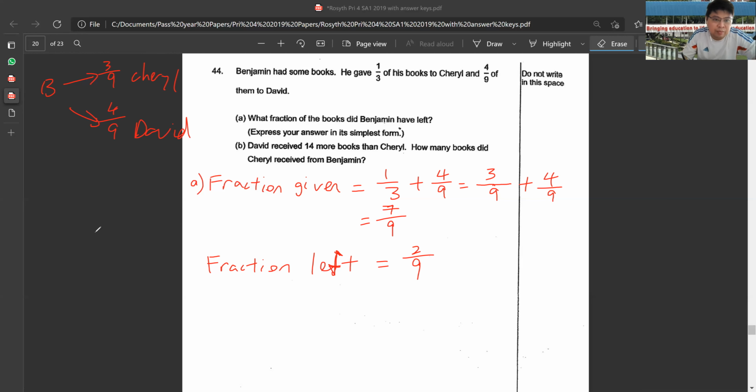What does that mean? That means 1 over 9 of Benjamin's books is equal to 14.